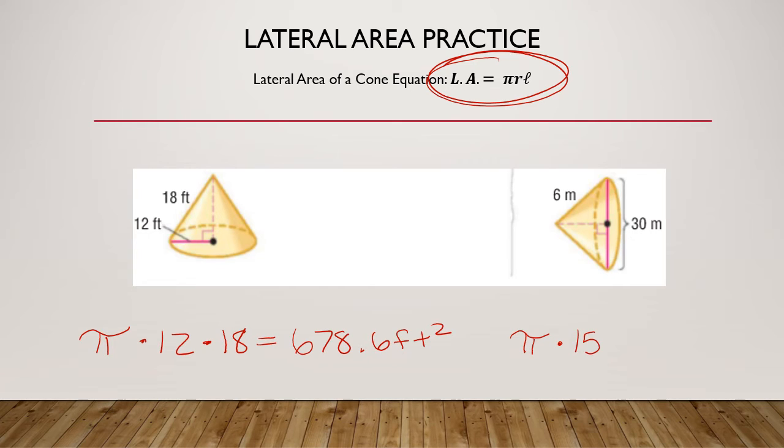So I took 30 divided by 2 in order to get the radius, times the slant height, which is 6. When I type this into my calculator, I get 282.7 meters squared.